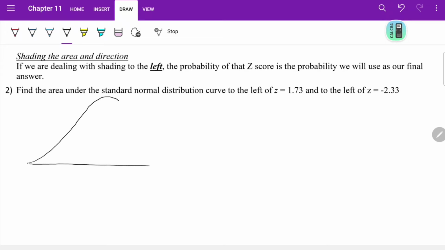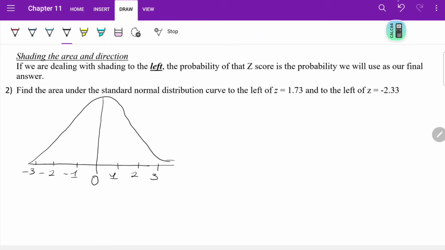And remember, when it comes to the standard normal distribution curve, the mean is 0 and the standard deviation is 1. So in the middle is going to be 0 and my standard deviation is 1. Every time I move to the right, I'm increasing by 1 unit: 1, 2, 3. When I move to the left, I am decreasing by 1 unit: negative 1, negative 2, negative 3.